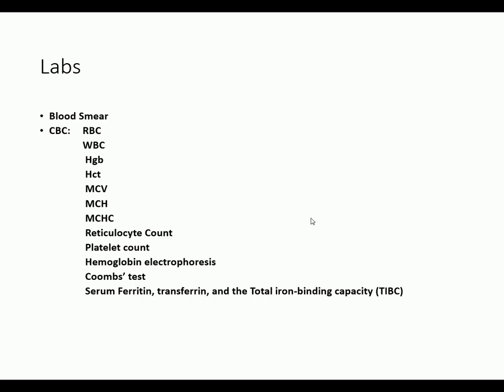Okay? Your MCV, if it is less than 80, you're going to have microcytic red blood cells, which are too small. These will be seen in your iron deficiency anemia, people with lead poisoning, people with thalassemia, major and minor. A value greater than 98 in red blood cells is going to be macrocytic or large cells, okay?